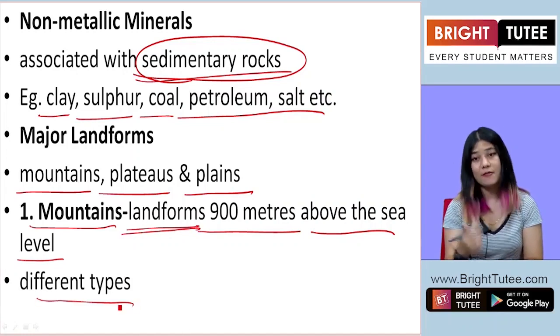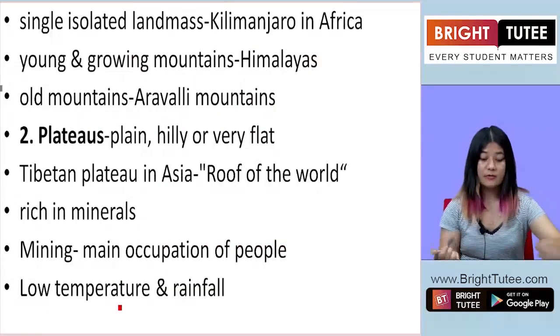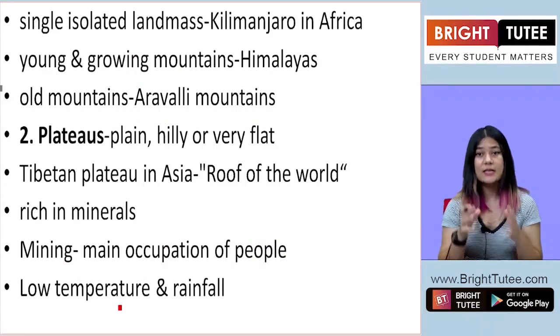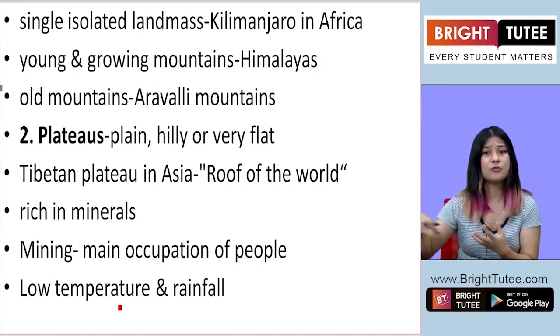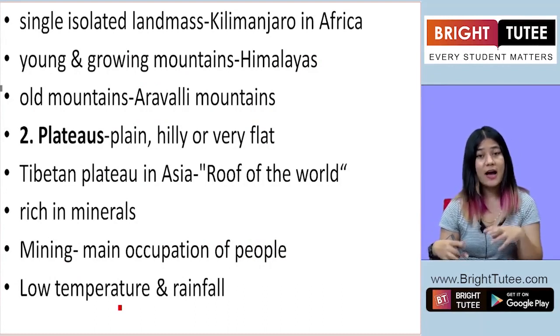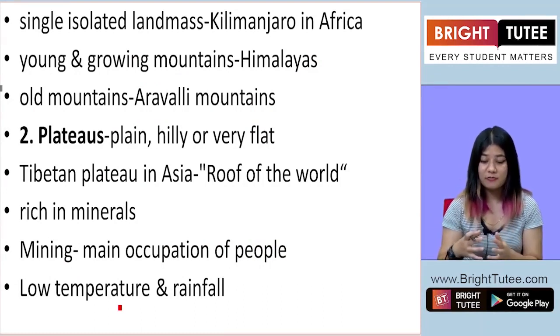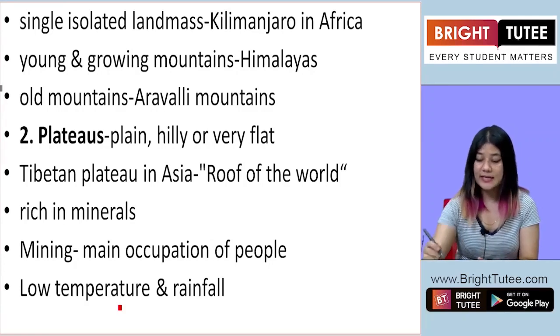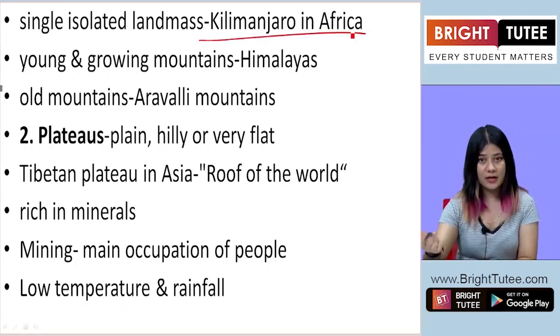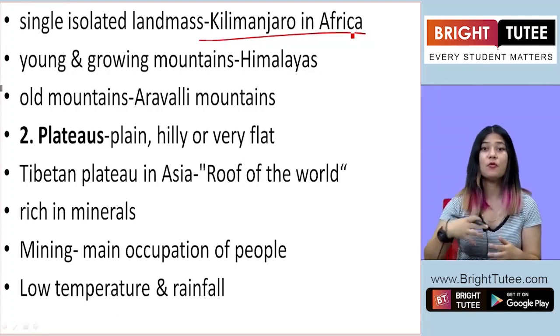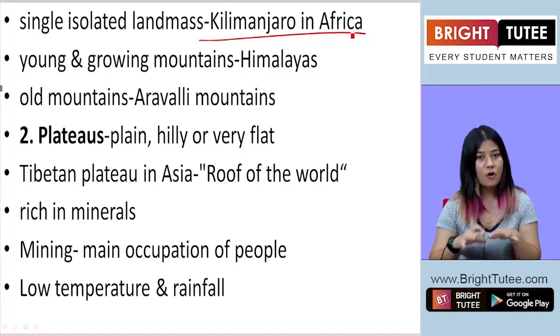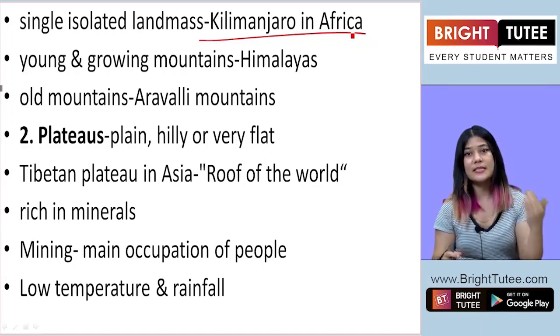Now, mountains are also of different types. Let's look at that. Some are single mountains which are isolated. There is no other mountain next to it. An example is Kilimanjaro in Africa. Some mountains are young and they keep growing. They are not old and they keep increasing in their height.